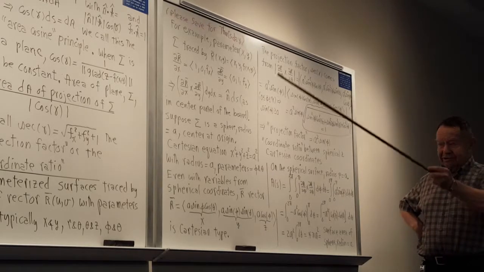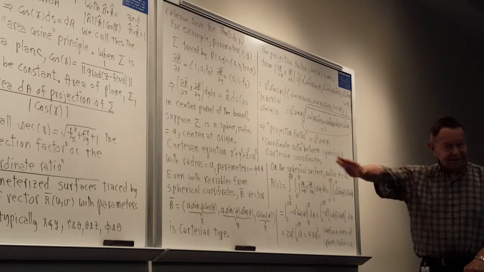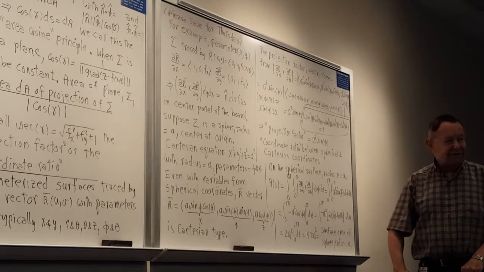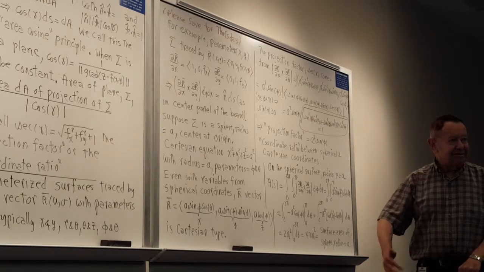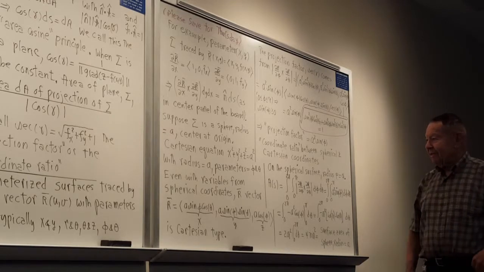Remember, phi is the co-latitude down from the North Pole, and theta is east longitude if you were on the surface of the Earth and started at Greenwich, England, and went east from there.